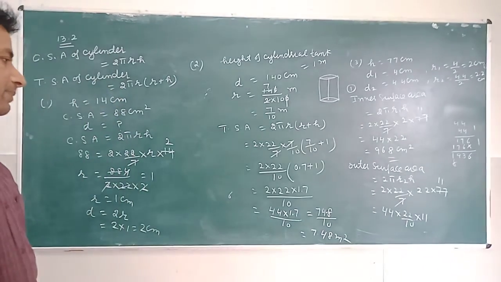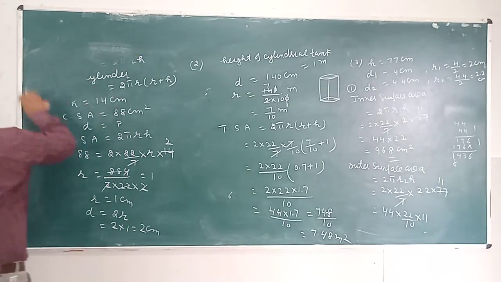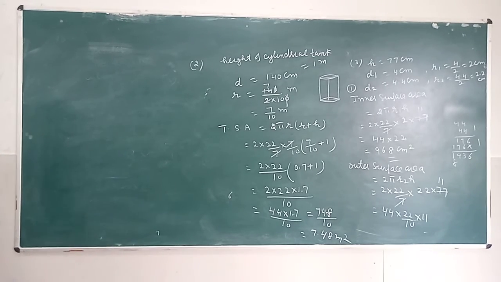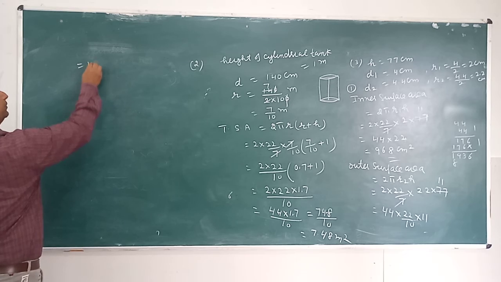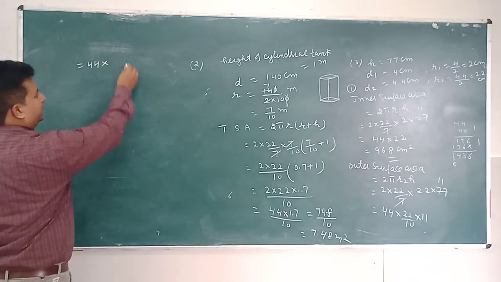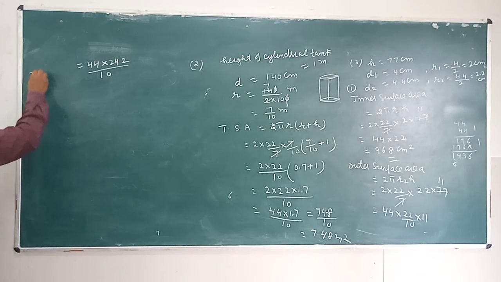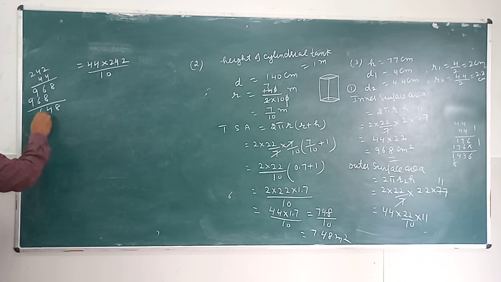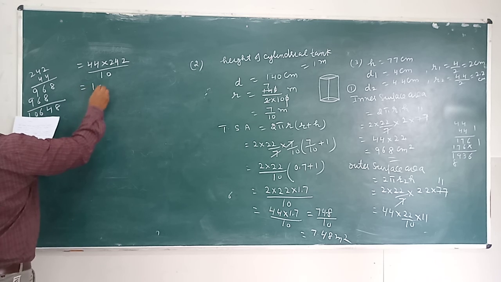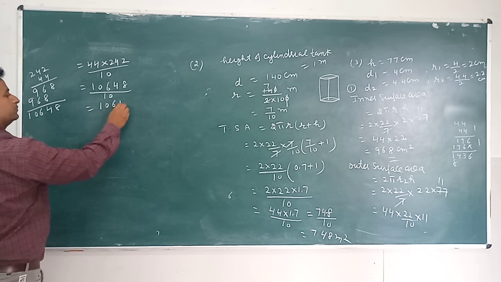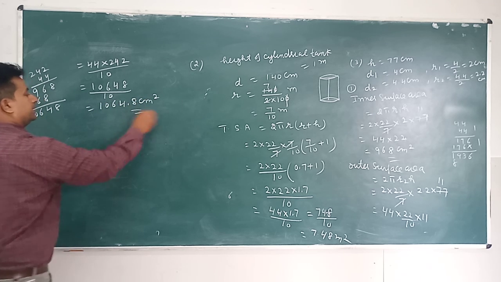When we multiply this, 44 multiplied by 11, 22 by 10. When we multiply this, we get 10648 divided by 10. So 1064.8 centimeter square is the outer area.